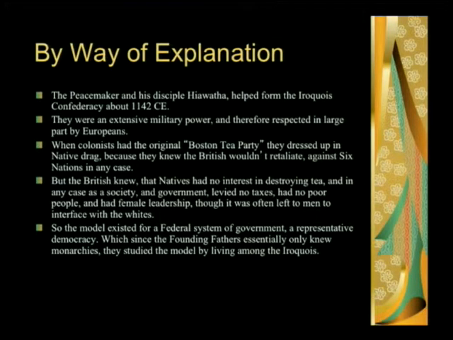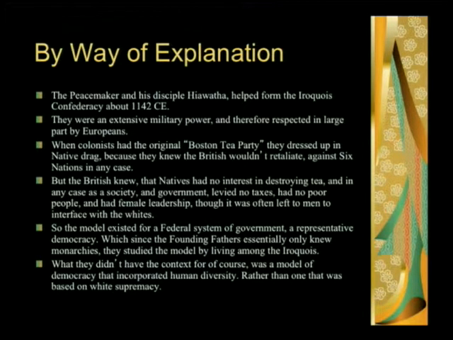Now, what they didn't do, of course, was replicate the model of female leadership, and also who's a citizen, right? They didn't have a model for democracy that incorporated human diversity, or rather, one that was not based on white supremacy, essentially, because remember at this time, following the Inquisition, Christianity was largely whites only.